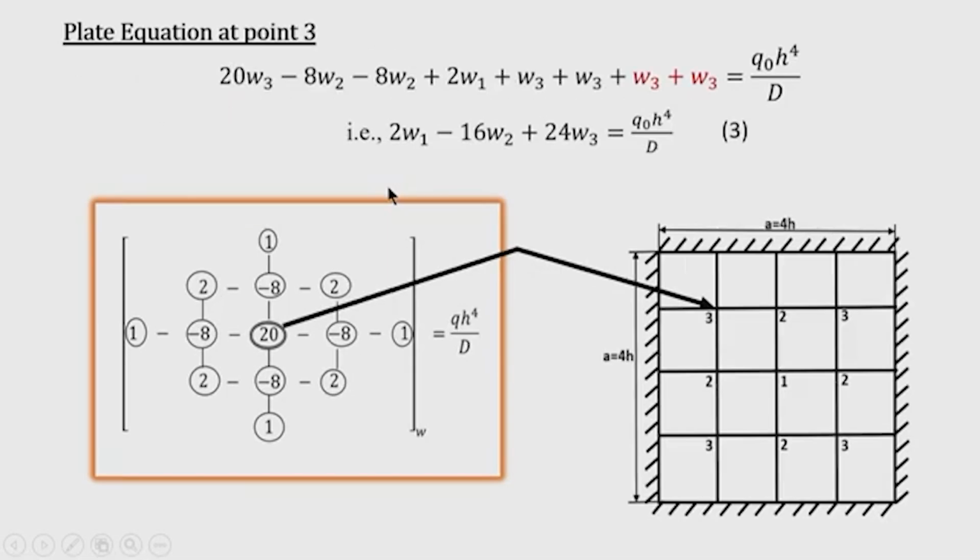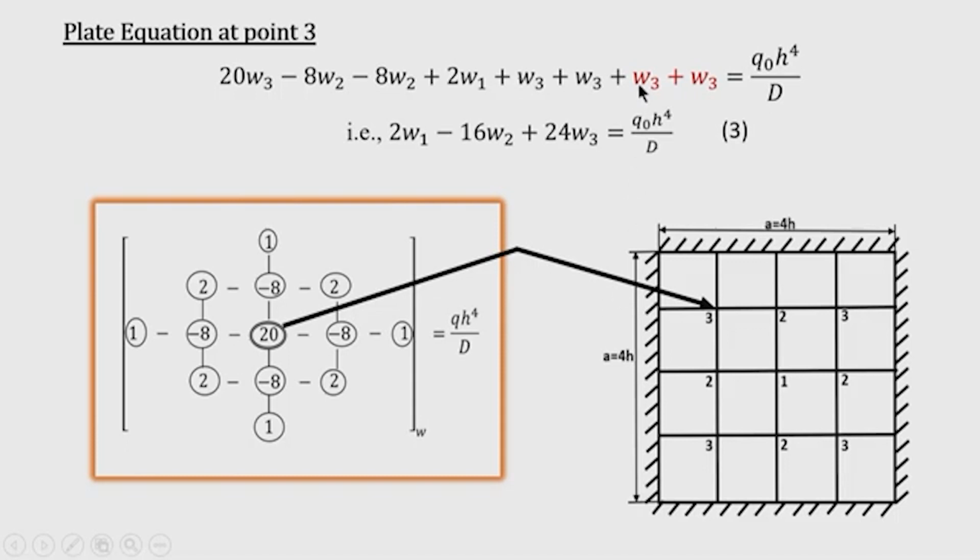Next, the plate equation is to be written at nodal point 3. Any of the nodal points you can choose, because these are symmetrical points. So, after placing the stencil at 3, we can now write the nodal equation. If I place the 20 here, one imaginary node you are getting in the vertical direction, and one imaginary node you are getting in the horizontal direction.